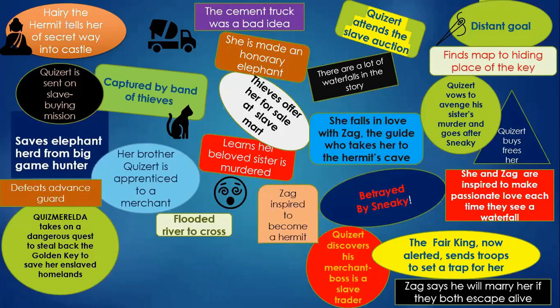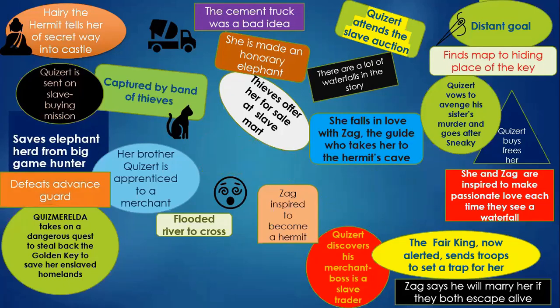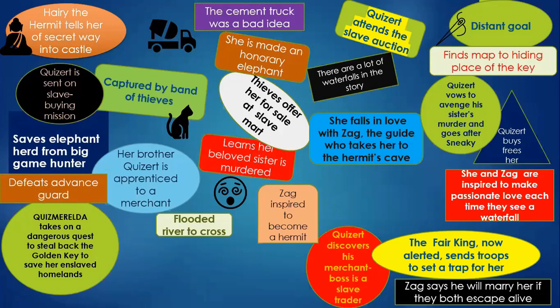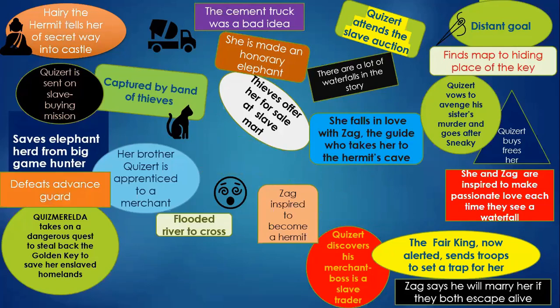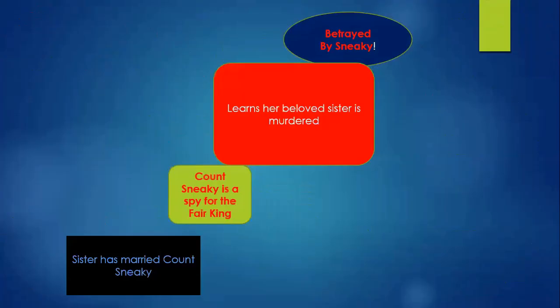The fair king knows that she's on the way to get the key. And Count Sneaky acts according to his character, and Quizmerelda learns that he has murdered her beloved sister. Well, there's that subplot laid out nice and cleanly for you.